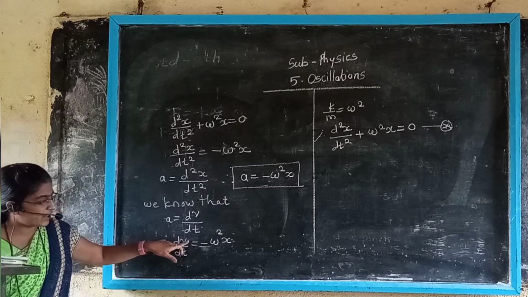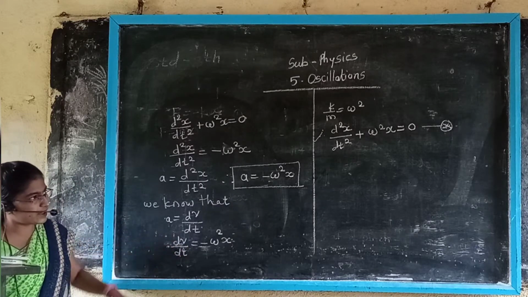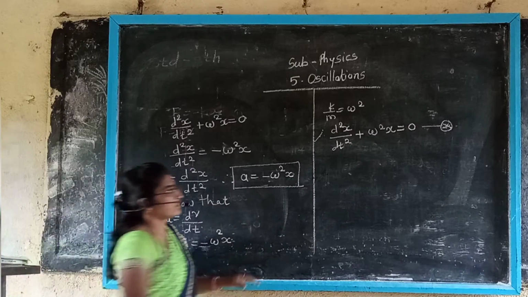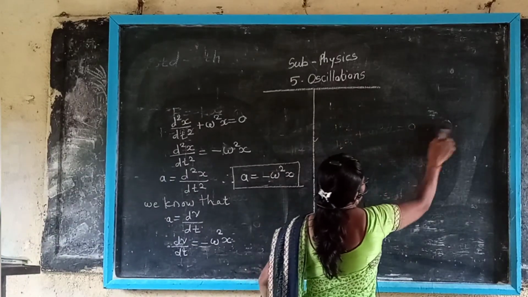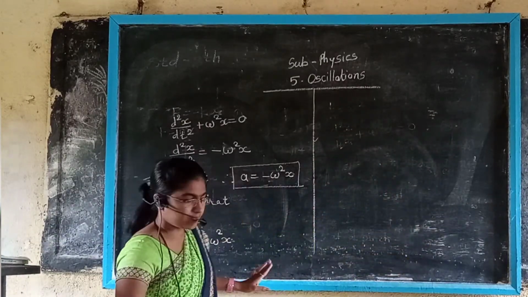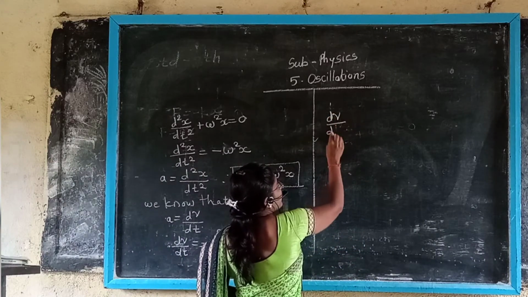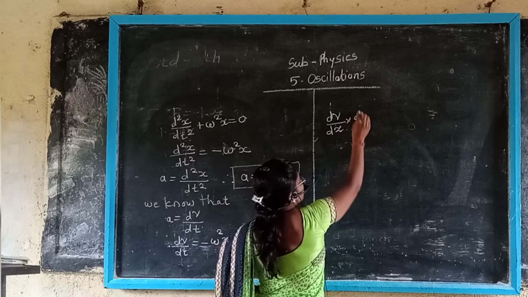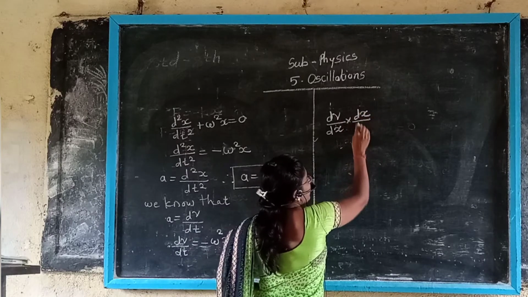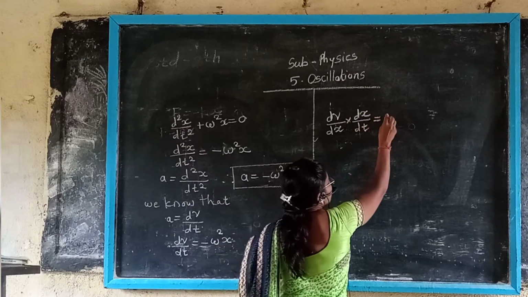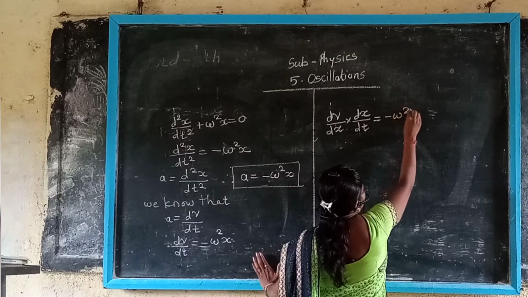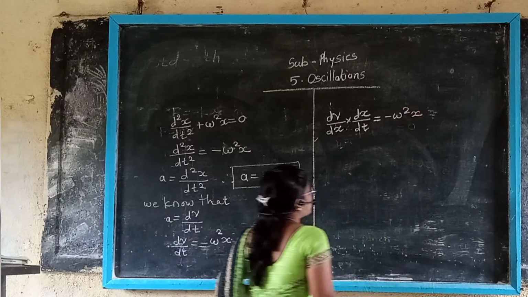Here, multiplying and dividing by dx, we get dv by dx into dx by dt is equal to minus omega square x.